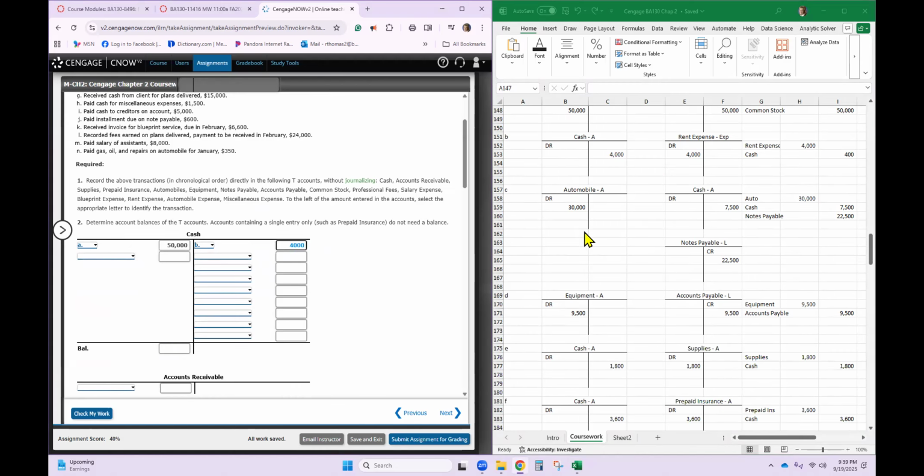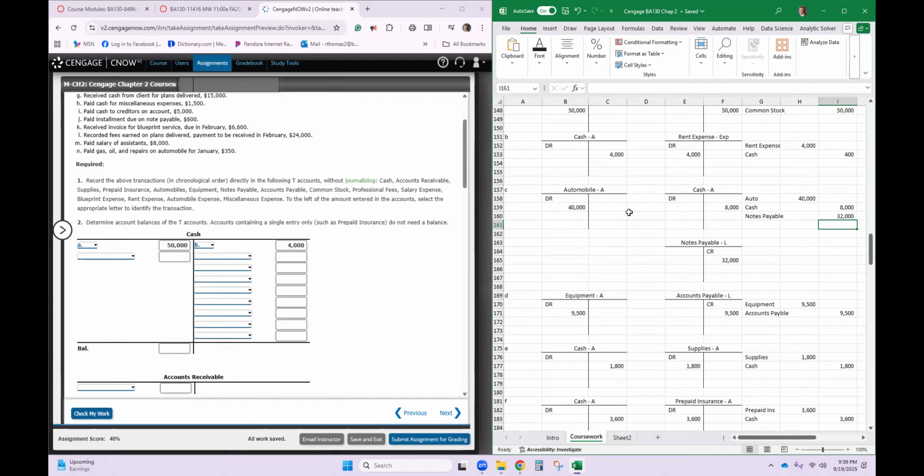So this is C. So our automobile is 40,000. We're doing a cash payment of 8,000. So that leaves 32,000 for the note payable.